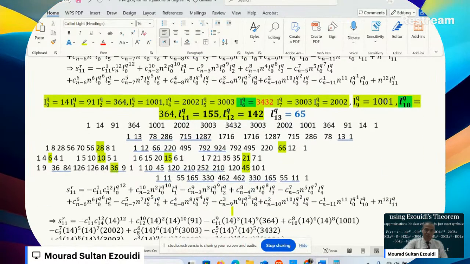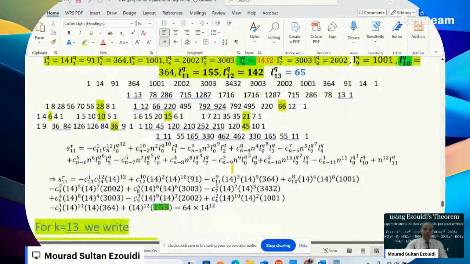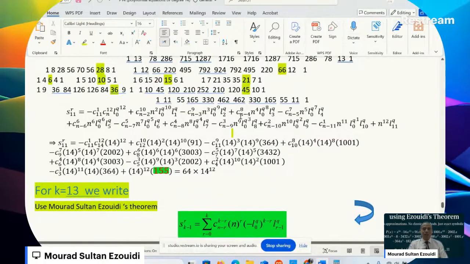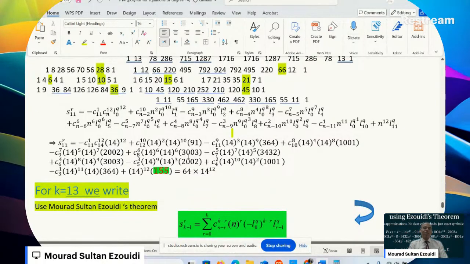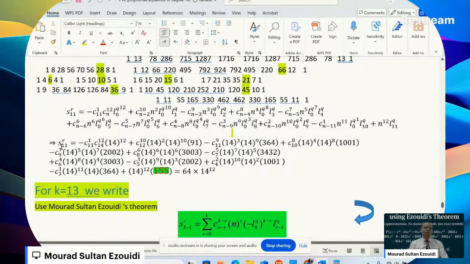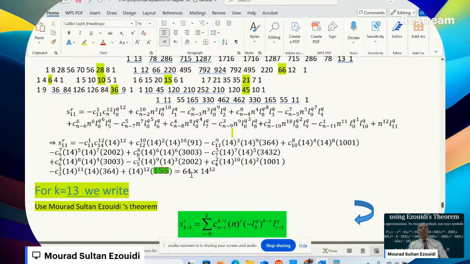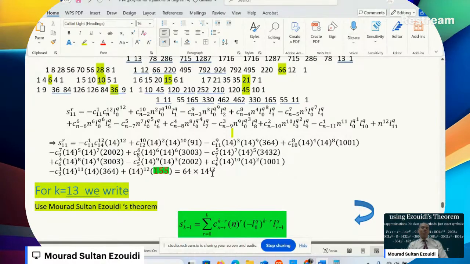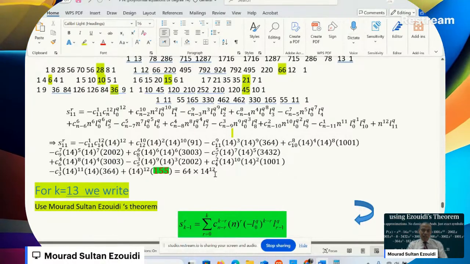So here, with all that, I will use this formula, and then I'm going to substitute. This is the formula, okay? It's just a replacement. We see that the value of S11 is equal to 64 times 14 raised to the power 12.